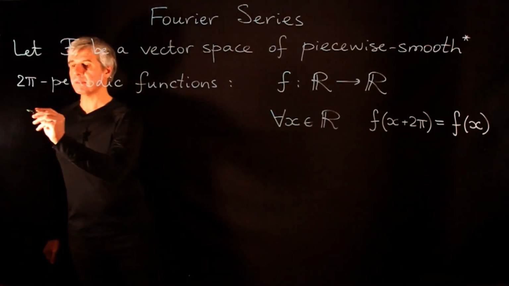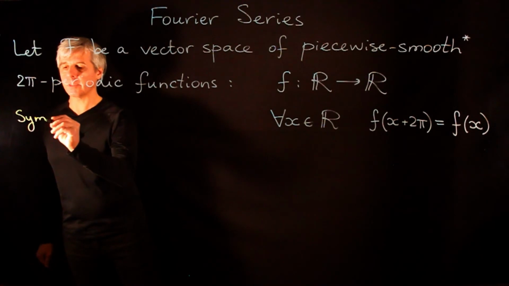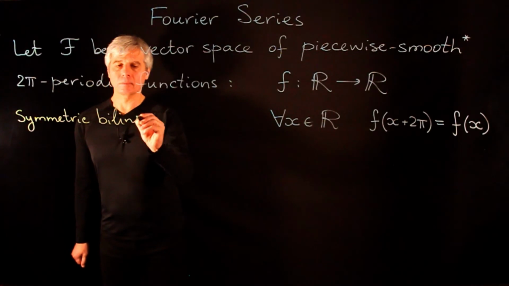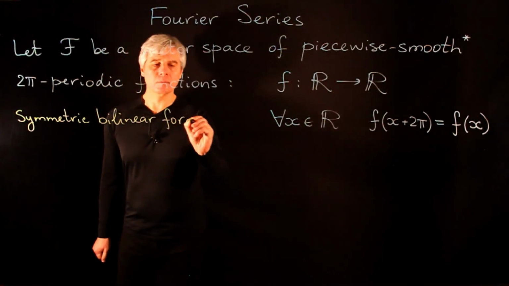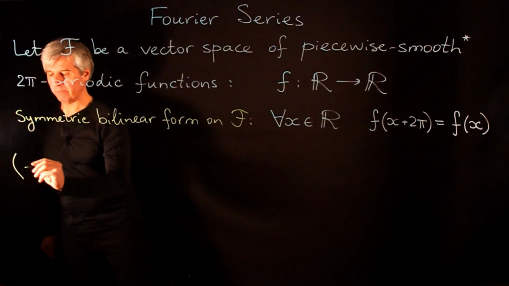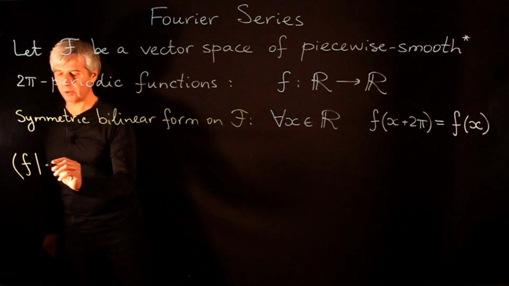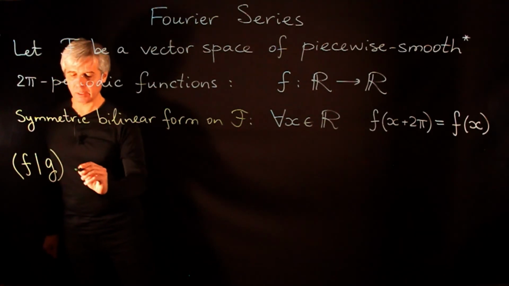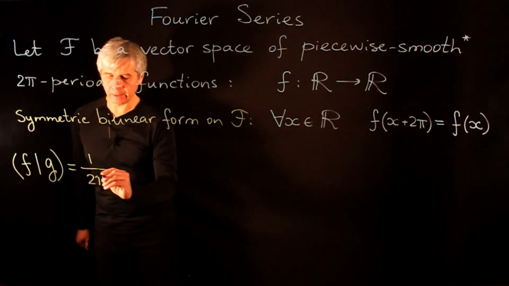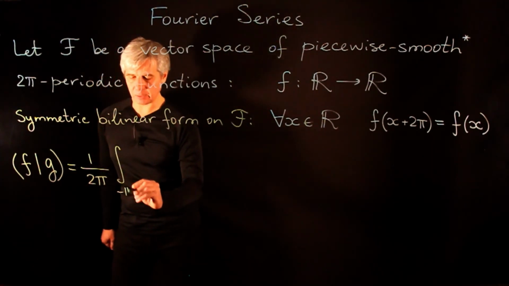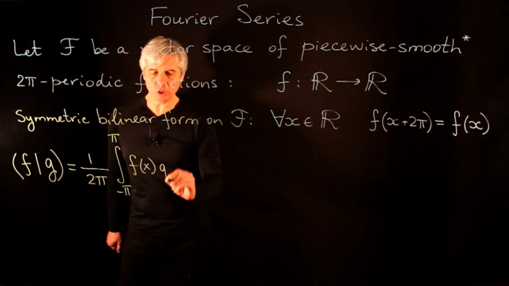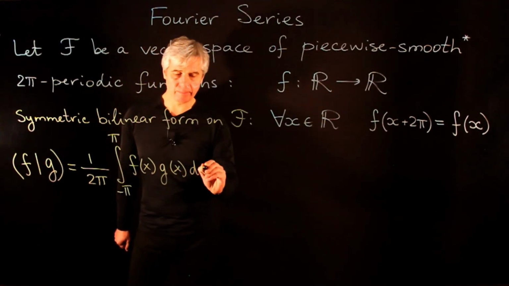We consider a symmetric bilinear form on the space F. Where the value of the bilinear form on two functions f and g is defined as 1 over 2 pi integral from minus pi to pi f of x times g of x dx.